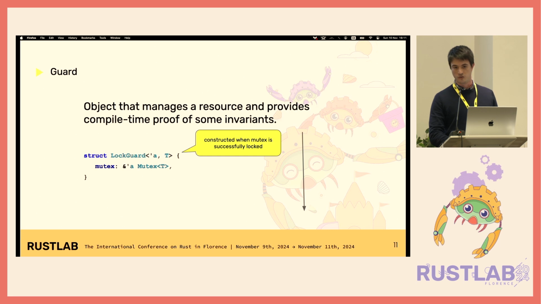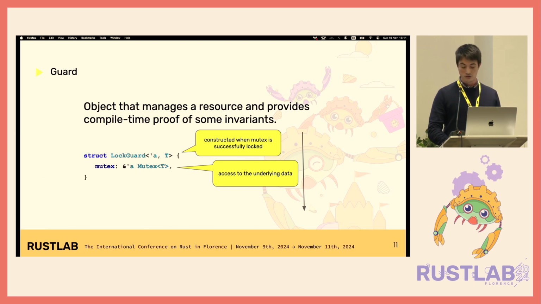Just like if you get a mutable reference to something, that guarantees that you're the only one currently accessing it, but that's given by the compiler. Instead here, this is given by having the guard, so essentially enforced by RAII. The lock guard also manages the data or some property. In this specific case, you have access to the underlying resource, and you're the only one that has access to it, so that avoids data races.